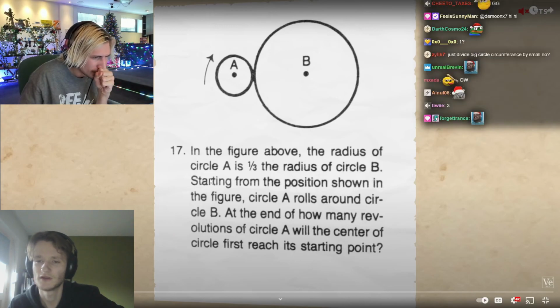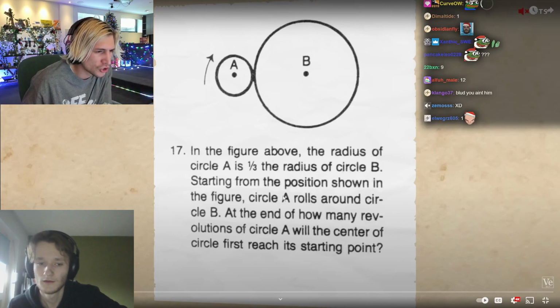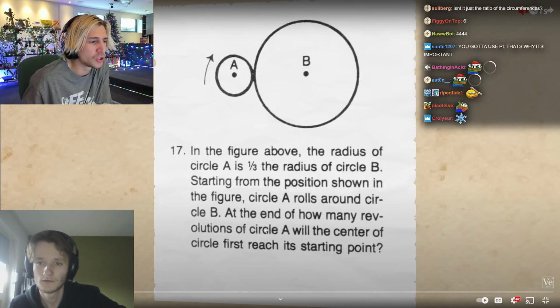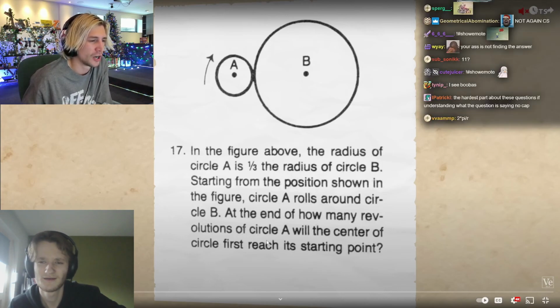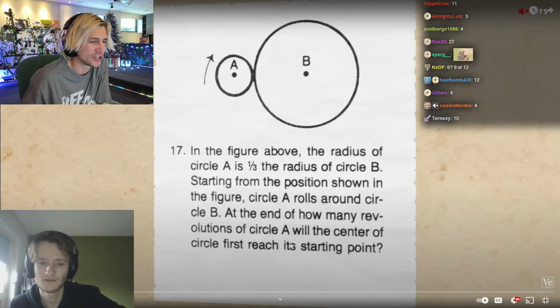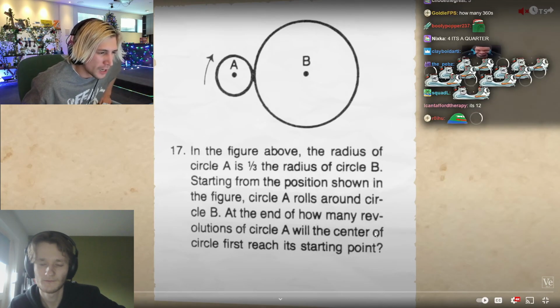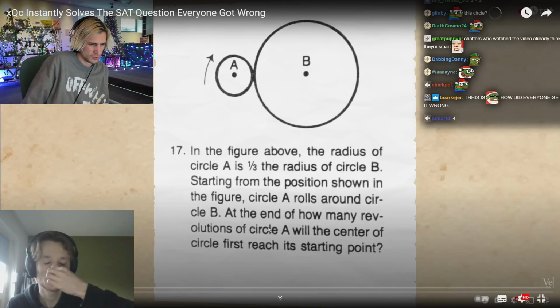Why not 3? Circle A rolls around circle B. At the end of how many revolutions of circle A will the center of circle first reach its starting point? Wait.